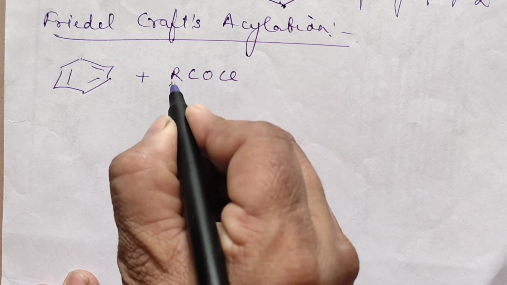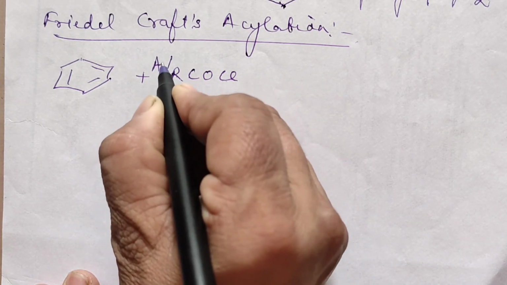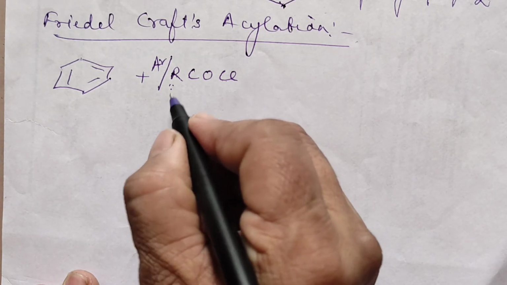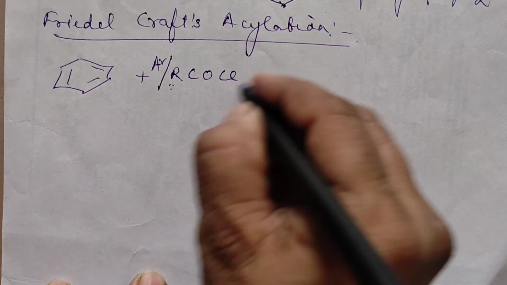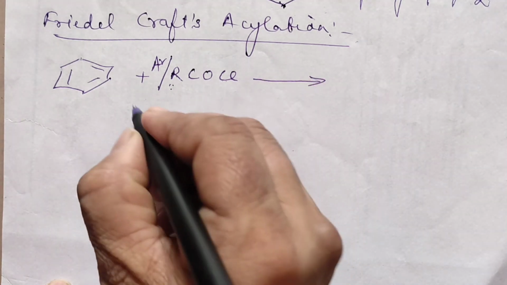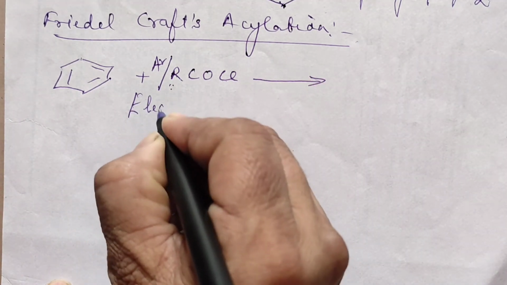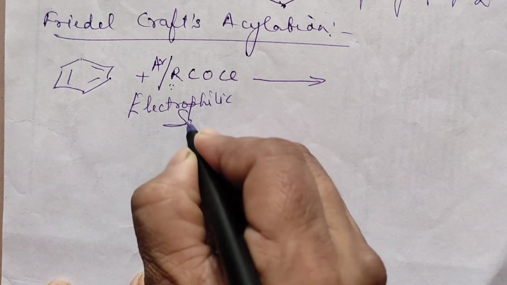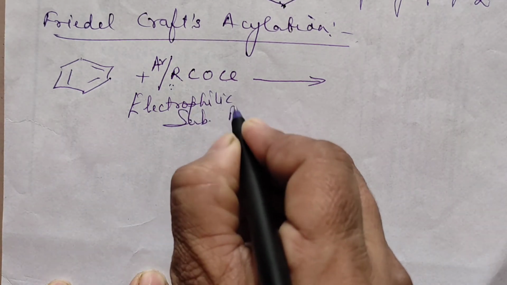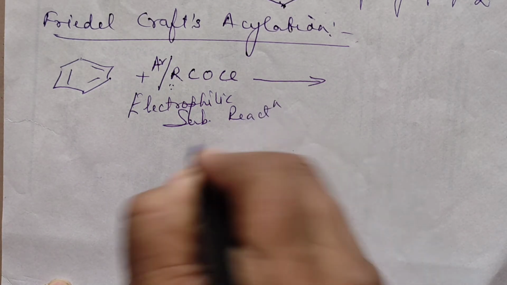So instead of this R, it can even be Ar, that is an aryl group. I'll take specific examples also to make this clear. And this reaction, of course, you know that it follows the electrophilic substitution mechanism. It's a type of electrophilic substitution reaction.